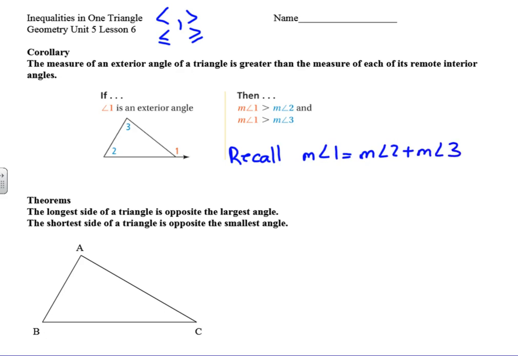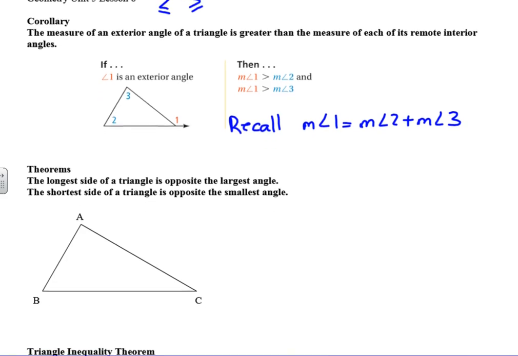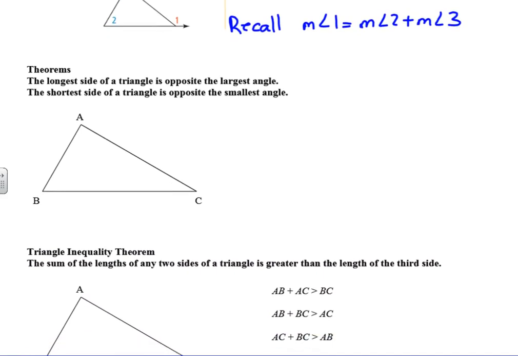So it makes sense to understand that therefore angle 1 must be greater than angle 2 and angle 3 because it's bigger than the sum. So, something that's fairly obvious, but we're just defining it more specifically.